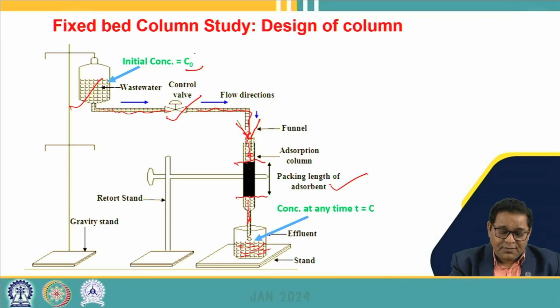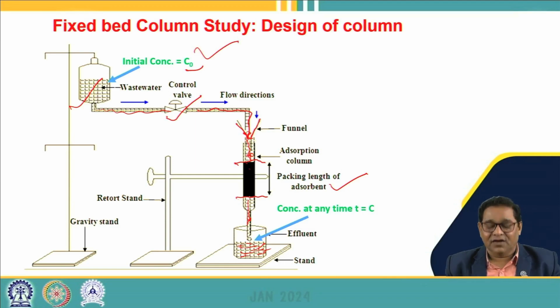So we will have the initial concentration in this tank, and the final concentration at different time intervals, say at time t, this is equal to C, and then we have to plot the breakthrough curve and we can analyze different model parameters.